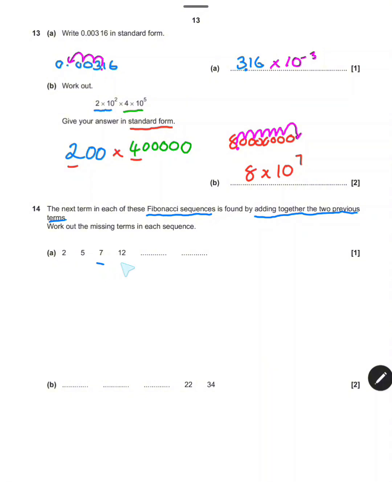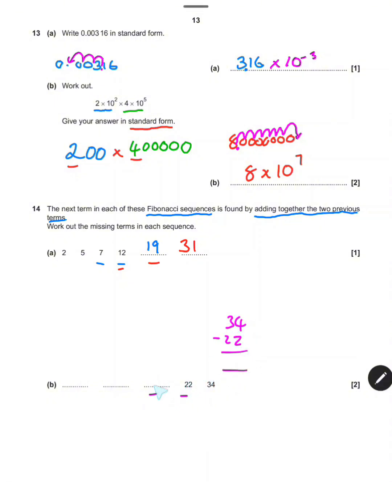So I'm going to do 7 add 12. 7 add 12 is 19. And then the next number I need to do 12 add 19. Well, 19 add 2 is 21. Add the 10 is 31. If we're going backwards, then this add this makes 34. So to work backwards, I need to do 34, take 22.